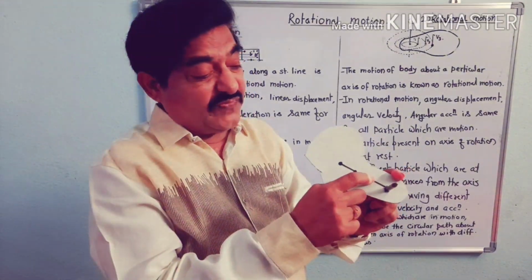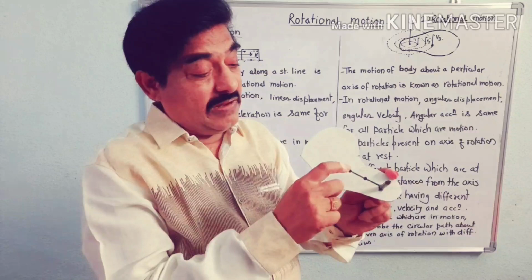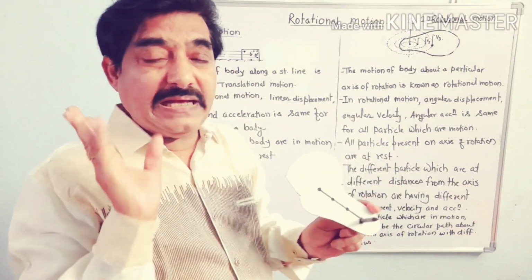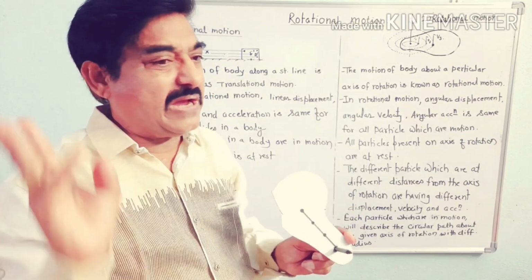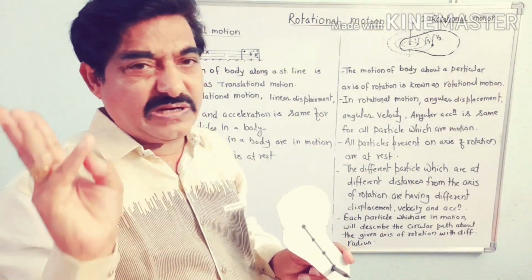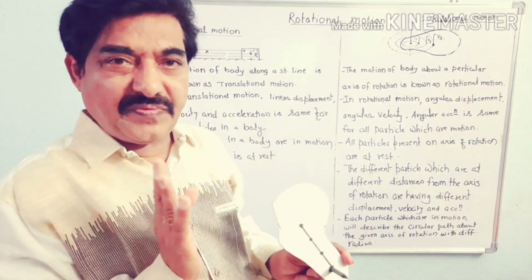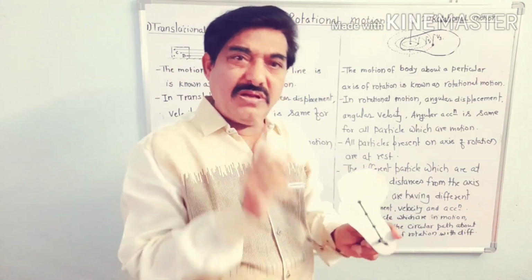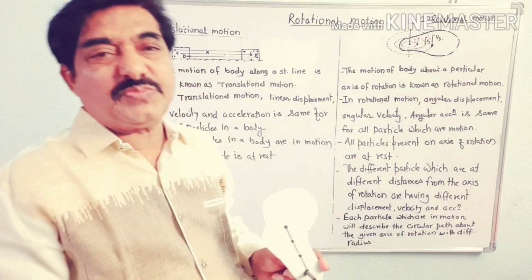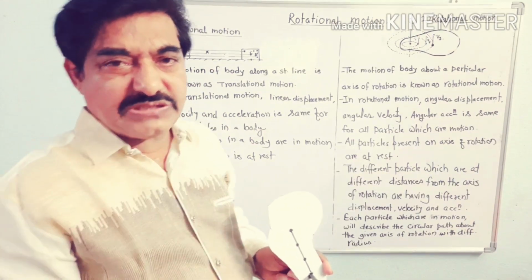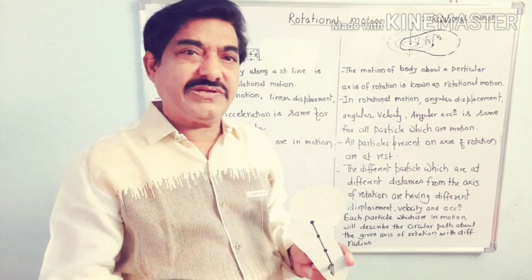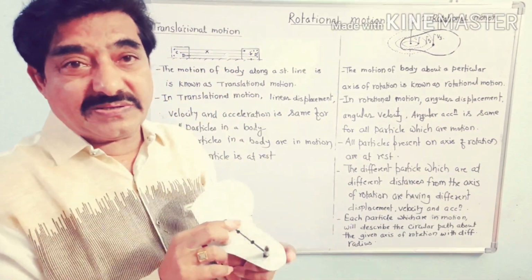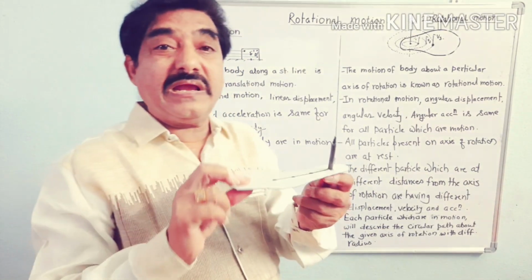Angular displacement for this particle A, B and C is the same. As angular displacement is same, angular velocity is same, angular acceleration is same. It means in a rotational motion, the angular displacement, angular velocity and angular acceleration is the same for all particles which are in motion.